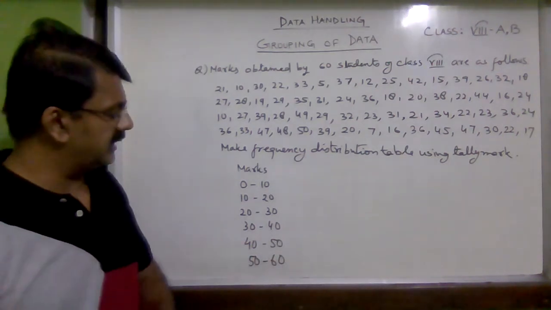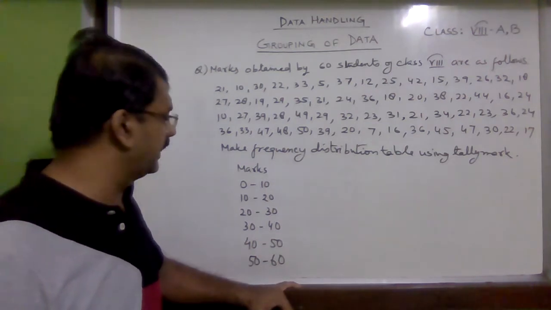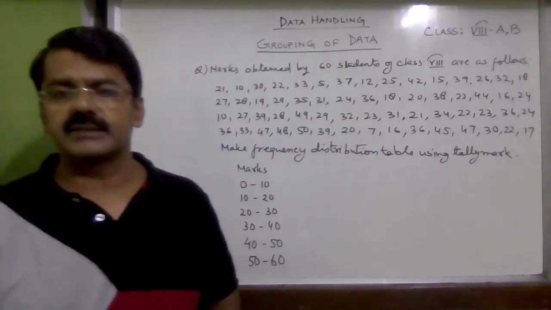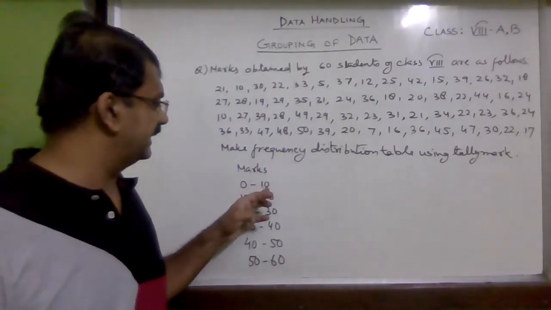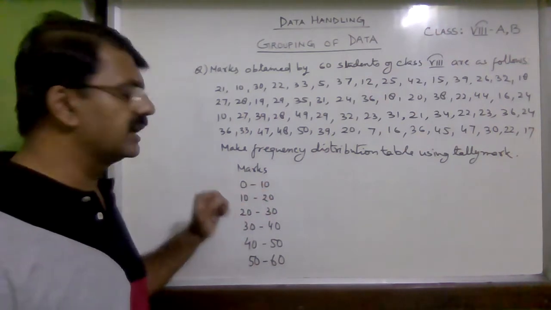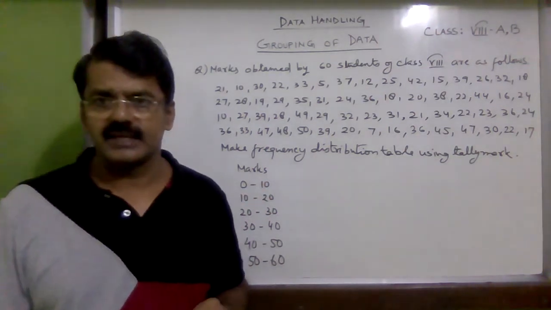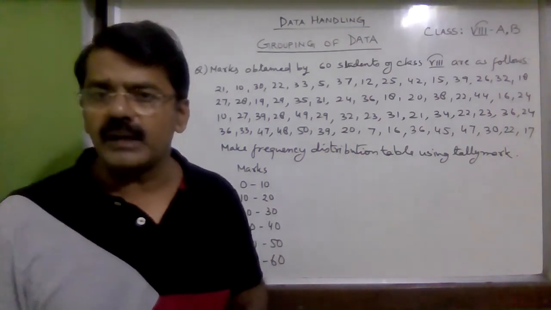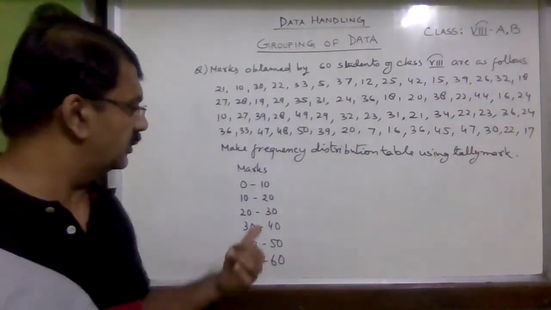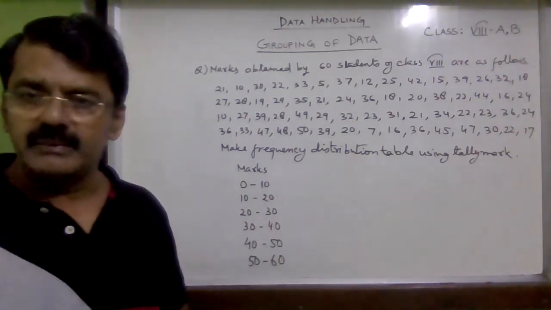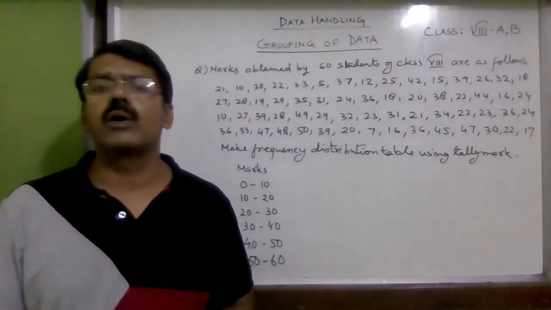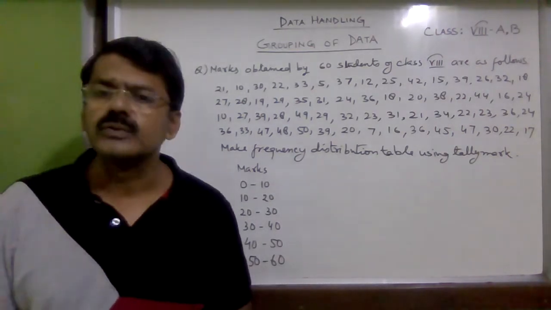Now this grouping, the classes, they are overlapping classes, because you can see 10 is the upper limit of the first class and 10 is the lower limit of the second class. Similarly, 20 is the upper limit of the second class and 20 is the lower limit of the third class. So as the limits are overlapped, that is why it is called overlapping, and it is called exclusive also.